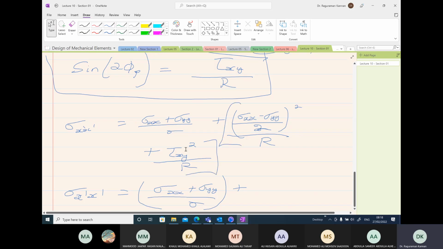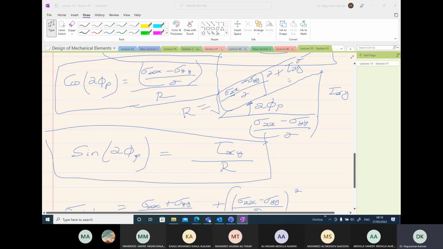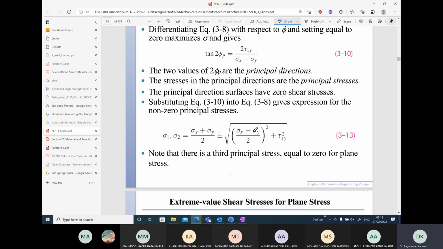In the square bracket, the numerator is nothing but r square. In the denominator, we have r. So that means we are left with r here. R square over r gives you r. And what is r? The square root of this term. And exactly that is what we get.